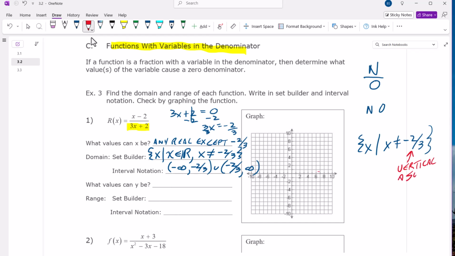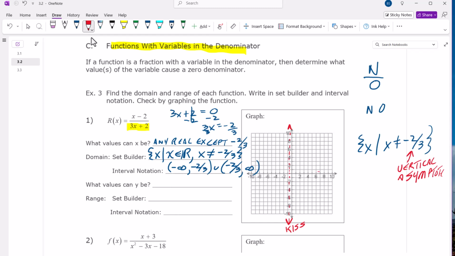I'm not going to get into a lot of the specifics on that. But if you go to -2/3, the graph will not cross that asymptote. It'll just kiss it. Kind of kisses the asymptote. That sounds funny. All right, so that's how that goes.